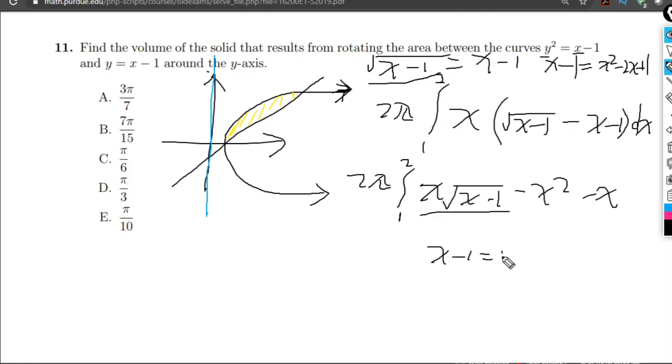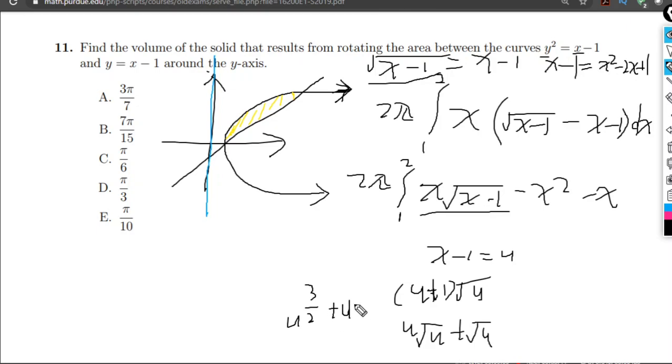Can I make something like this? It'll be plus this. Yeah, and it will be u to 2/3 and plus root u. Yeah, this is definitely solvable, but it might be a little bit harder than the disk method.